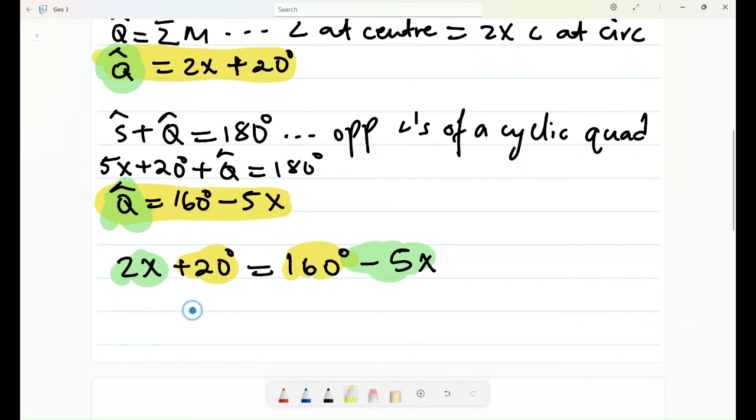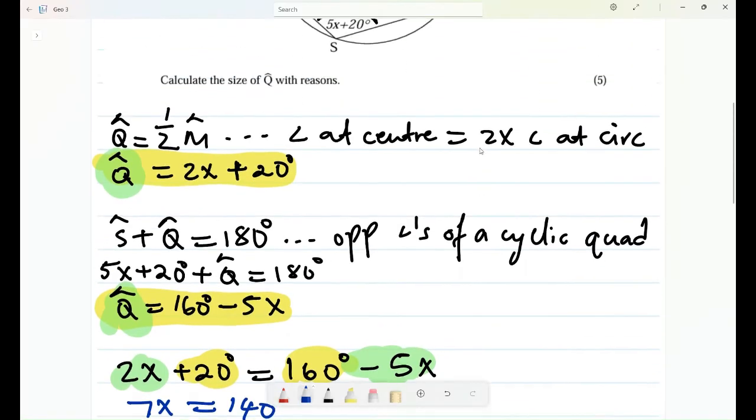So if that's the case, I can take 5x to the other side, where I will have 7x equal to, when I take 20 to the other side, 160 minus 20, which is 140 degrees. Then when I divide both sides by 7, my x is going to be how much? 20 degrees.